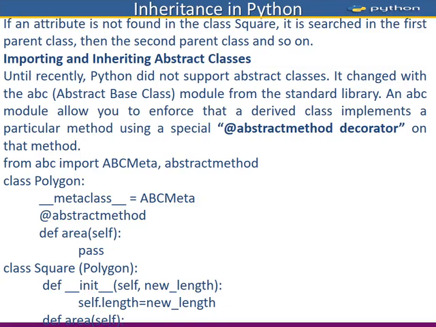Python did not support abstract classes until recently. It changed with the ABC, the abstract base class module from the standard library. An ABC module allows you to enforce that a derived class implements a particular method using a special abstract method decorator.